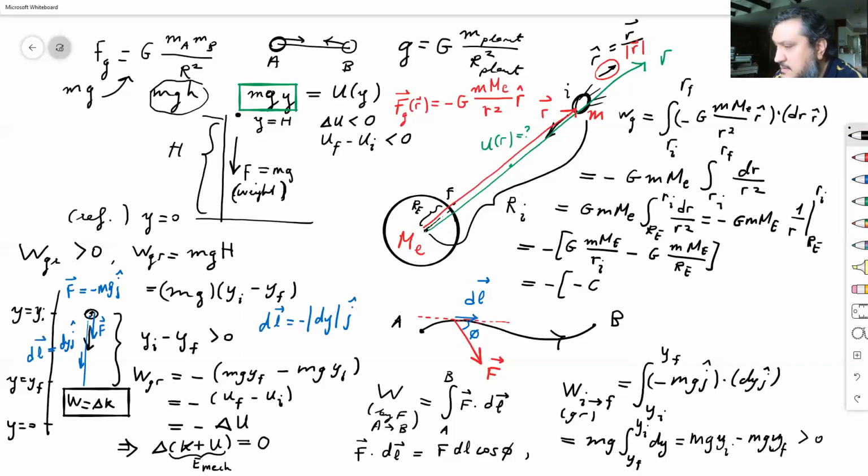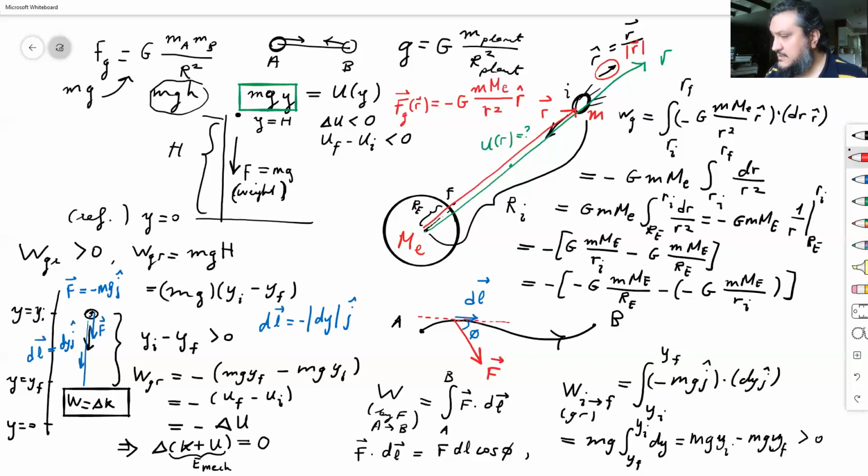So negative G M ME over RE, or R final, minus negative G M ME over R initial. So that I have this as the difference, final minus initial. So what does it mean?